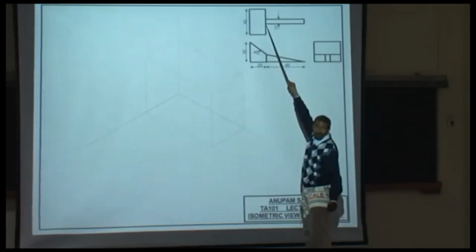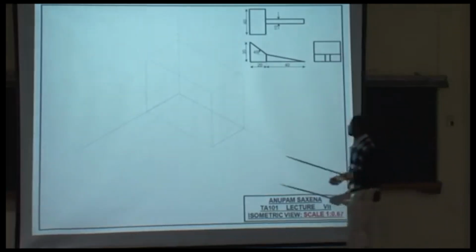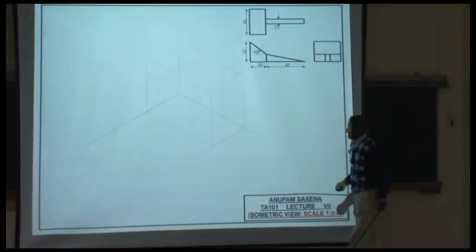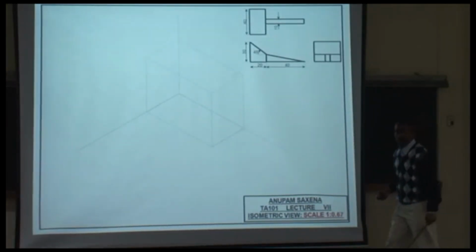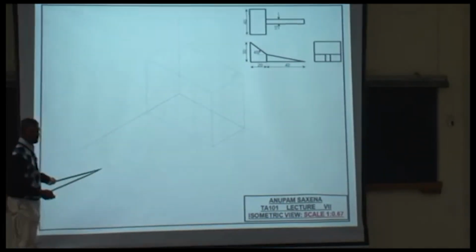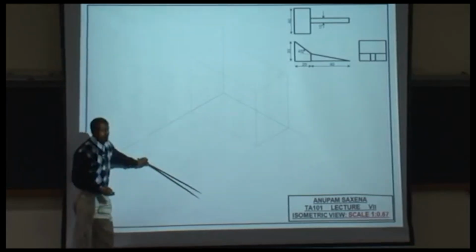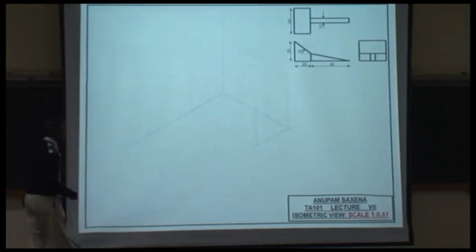So I'll go 60 from this point along the x direction, and cell phones off, please. And I'll go 15 from here till here, and then I'll draw a line parallel to the y. Okay?